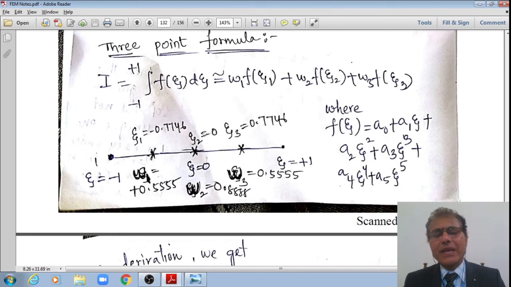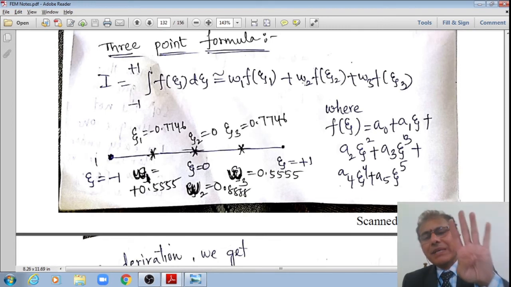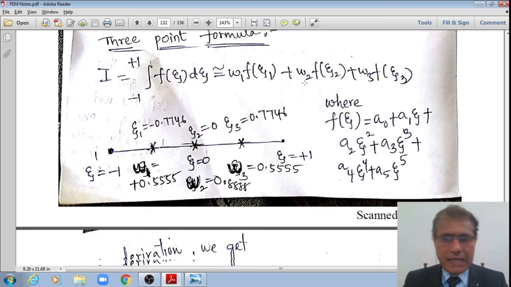Now, if you understood that, students, then we'll move to the 3-point formula, where n is equal to 3. Then the integral I is equal to minus 1 to plus 1 f of xi dxi, students, is approximately equal to w1 f of xi1 plus w2 f of xi2 plus w3 multiplied by f of xi3. I do have n is equal to 3, means 3 weightage functions w1, w2, w3, and 3 sampling points xi1, xi2, xi3.